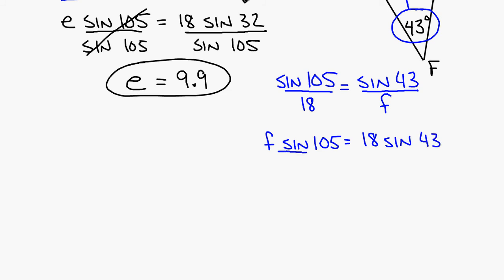If you divide both sides by sine 105, the sine 105s will cancel, and your lowercase f is equal to 18 times sine 43, and hit equals, divided by sine 105, and push equals again. So 12.7.